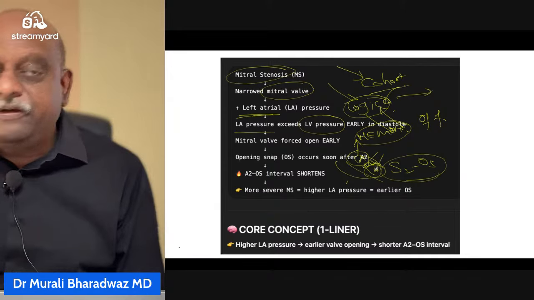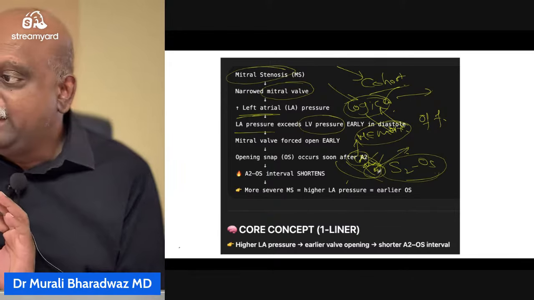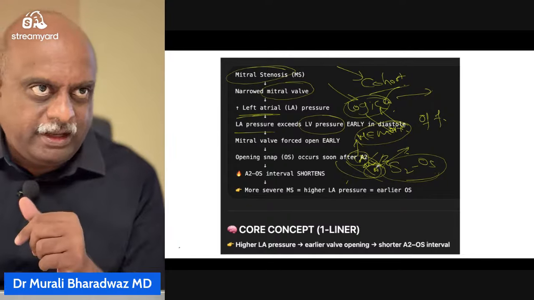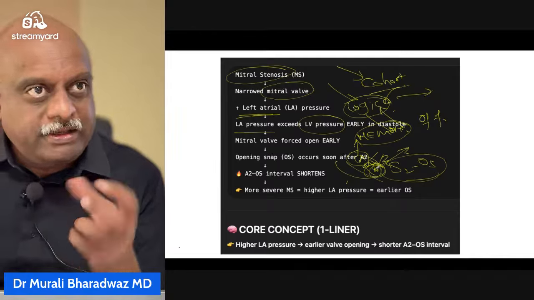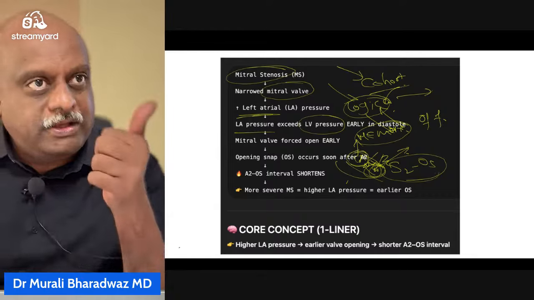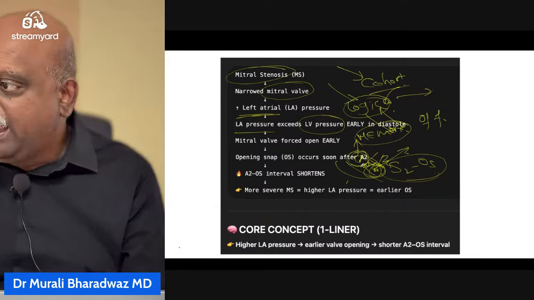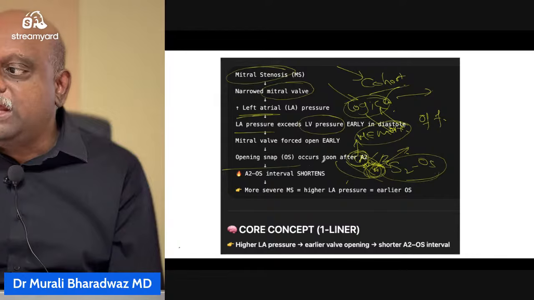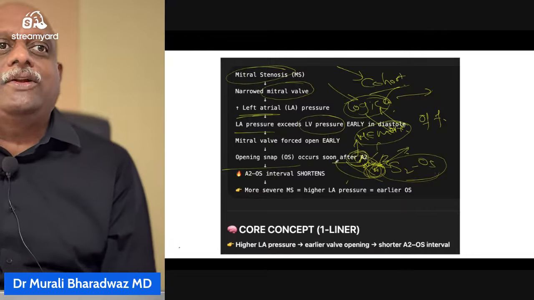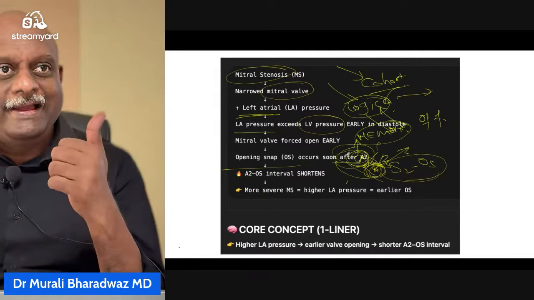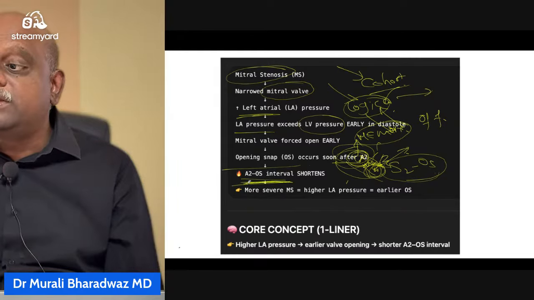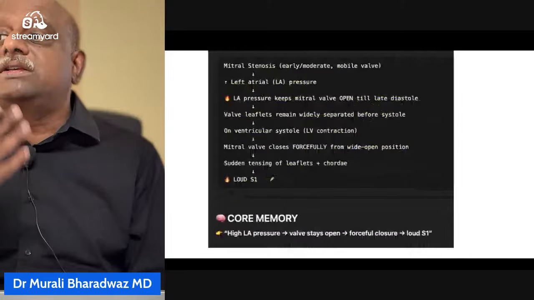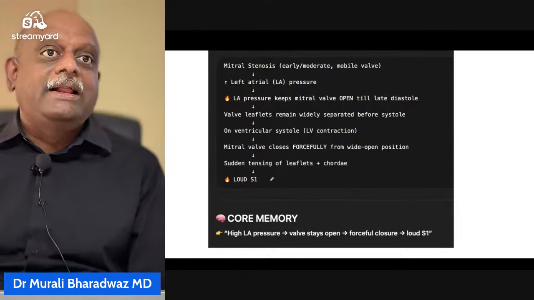So when the left ventricle finishes its systole, it is emptied and S2 closes, the aortic valve closes, and the pressure in it is low, and the pressure in the LA is already high because of a stenotic valve, and that will make the valve open. So the opening snap occurs immediately after the A2 if the pressure in the left atrium is high. And that's the reason the S2-OS interval will shorten, and it is an indicator of the severity of the mitral stenosis, is what we need to remember.